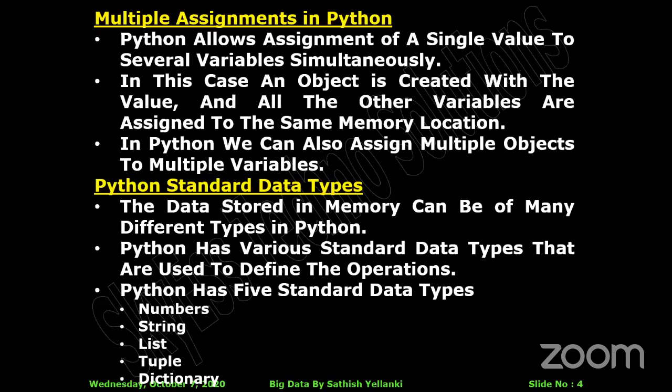When this kind of assignment is done, what is happening? Python actually creates an object with that particular value, and all your variables refer to the location where that object is available. And in Python, we can also assign multiple objects to multiple variables.